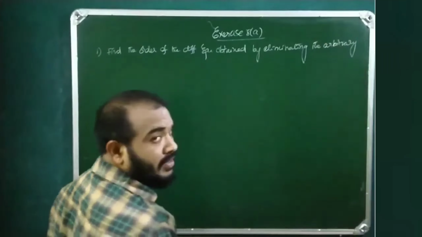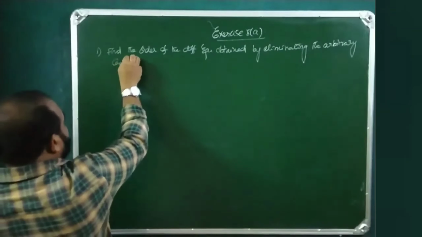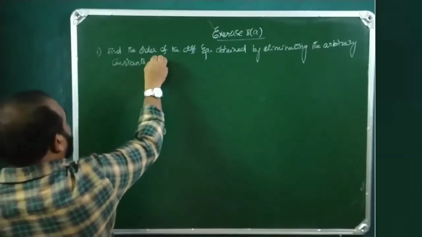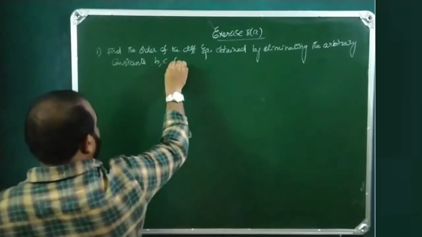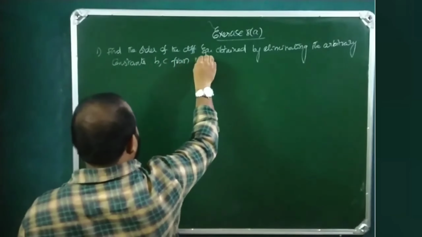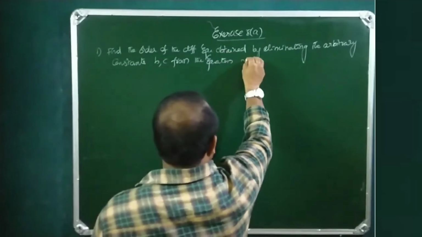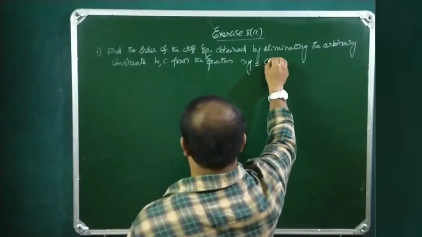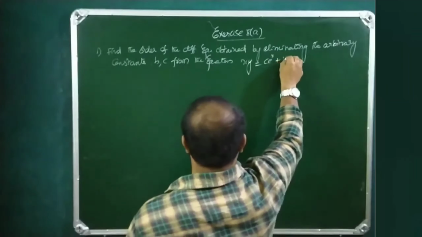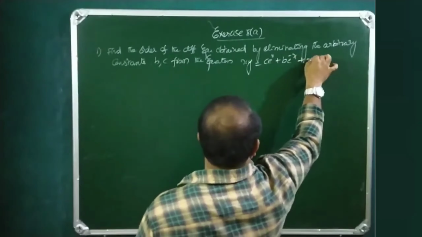We can say parameters as well. Arbitrary constants b, c from the equation xy = c e^x + b e^(-x) + x^2.